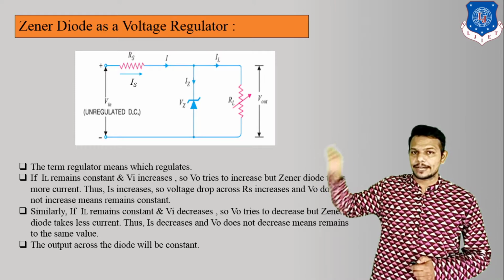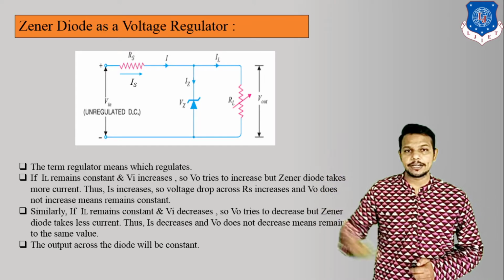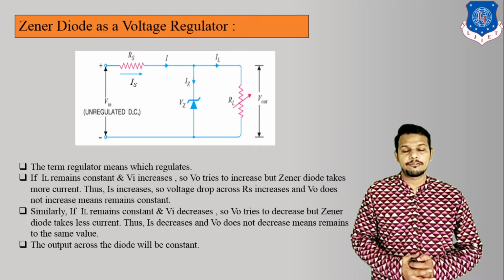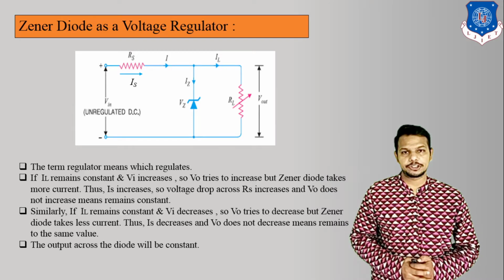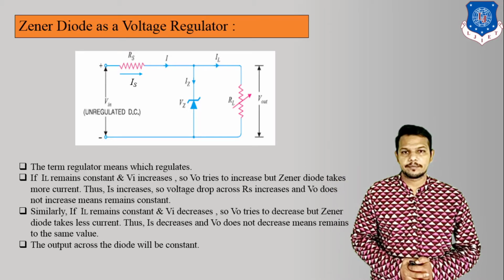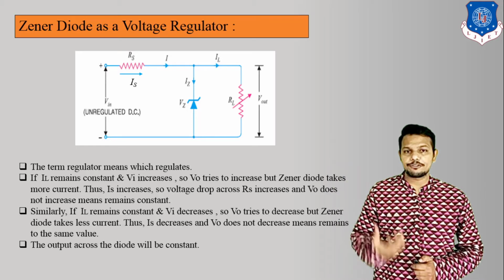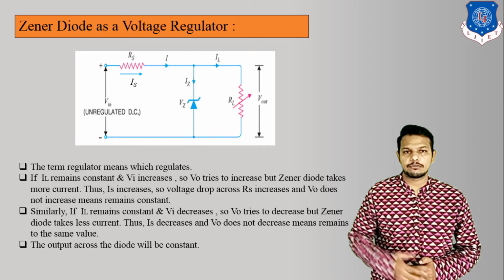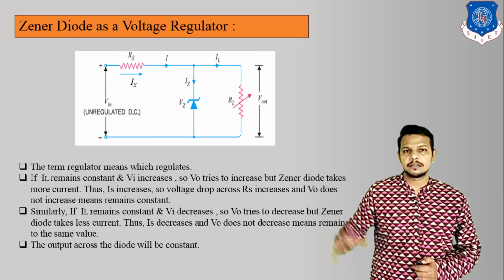The term regulator means which regulates. Here we have to regulate the voltage Vout. It should be constant. Now how does it remain constant? For that we have to explain this phenomenon.